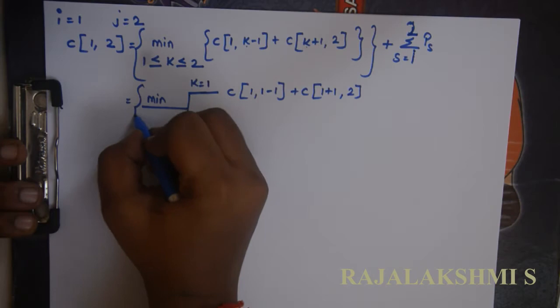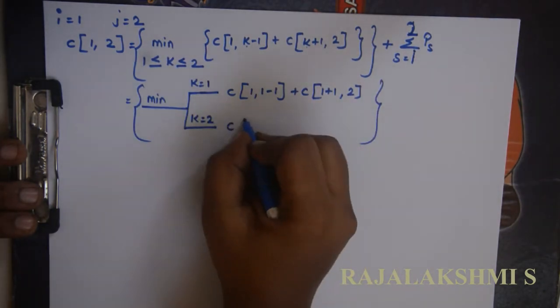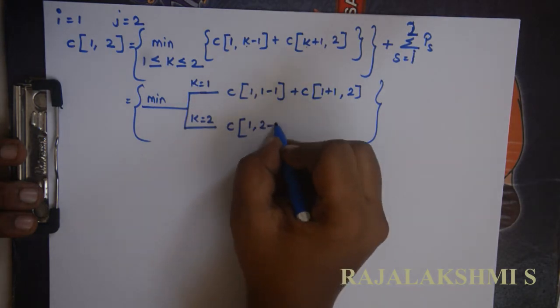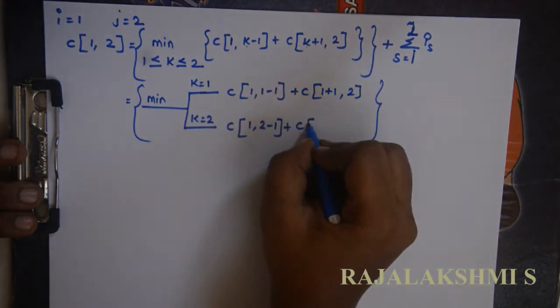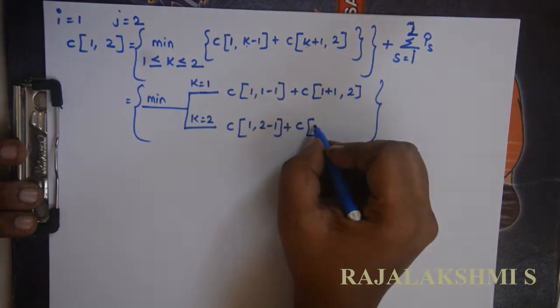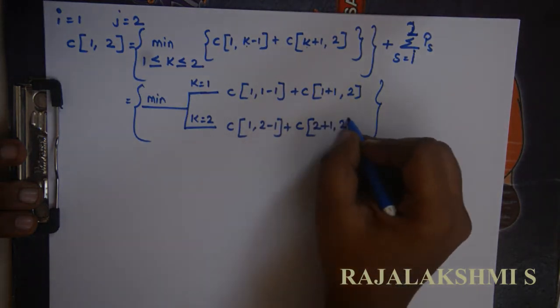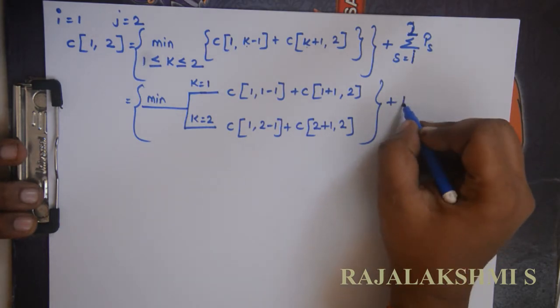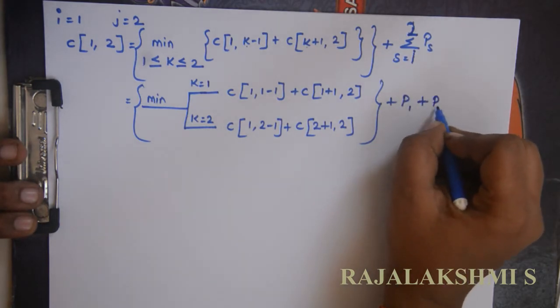Okay, and here C of 1 comma, instead of k it is 2 minus 1 plus C of k plus 1, so k is 2 plus 1 comma 2, right? Okay, so now we will be expanding this. This is summation. So it is P1 plus P2.